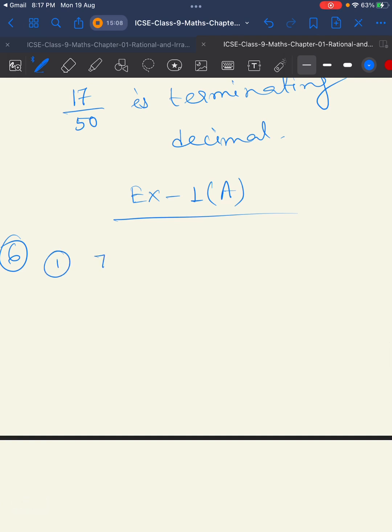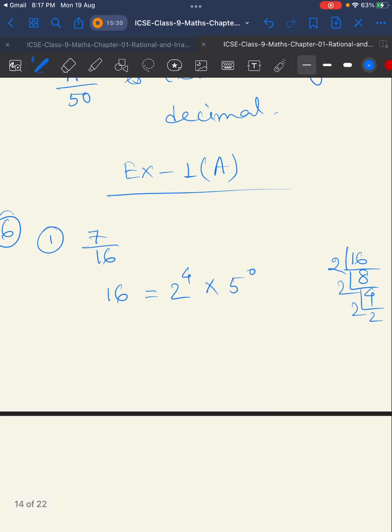So first question is 7 by 16. Now here the denominator is 16, so the factors of 16: 2 eights are 16, 2 fours are 8, 2 twos are 4, so we can write 2 to the power 4 into 5 to the power 0. There is no term of 5, so 5 to the power 0 is 1.